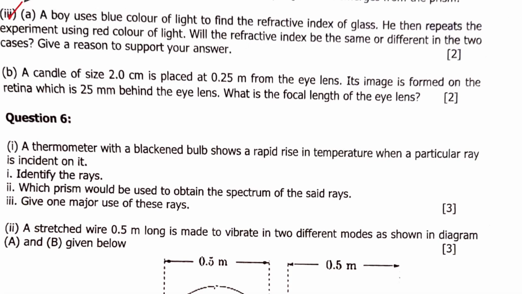Now again we get a diagram. The boy uses blue colored light to find the refractive index of glass. He then repeats the experiment using red colored light. Will the refractive index be the same or different in the two cases? Now he is finding the refractive index of the glass, right?